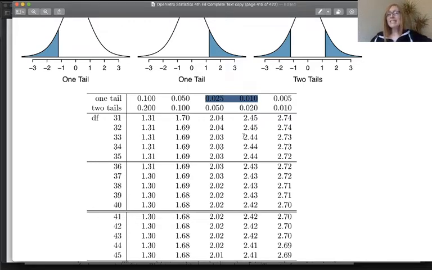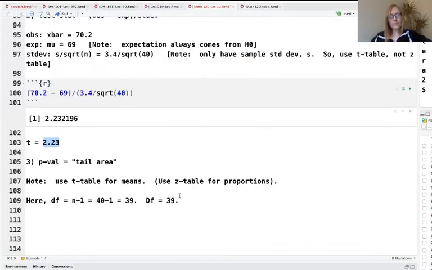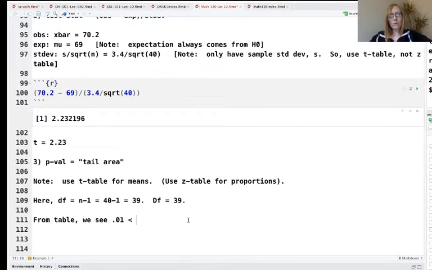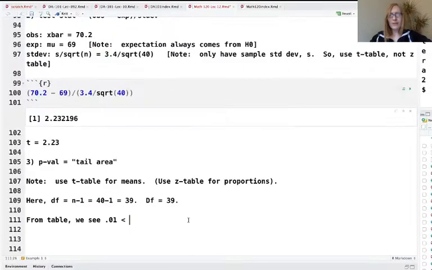We don't know exactly what our p-value is, but we know it's somewhere between those two. Let me just write that down. From the table, we see that our p-value is between 0.01 and 0.025.